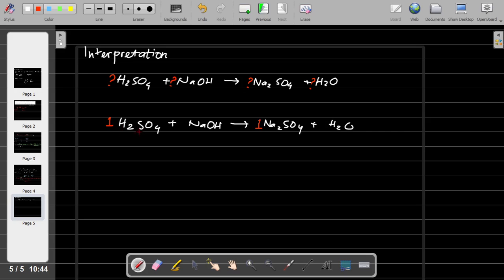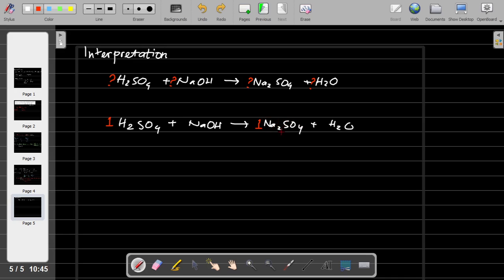So we have 1 S on both sides. Then let's try to balance the other elements. We have two atoms of sodium or natrium here, Na2.